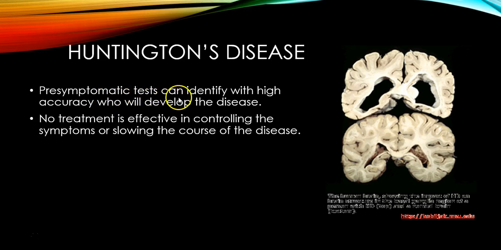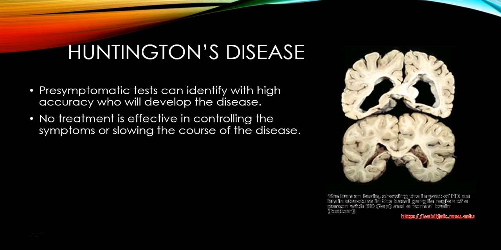And the question, there's a lot of ethics about that. Would you want to know early on if you had the gene? If you knew that you were going to have this disorder that there's no treatment for and that leads to an early death.